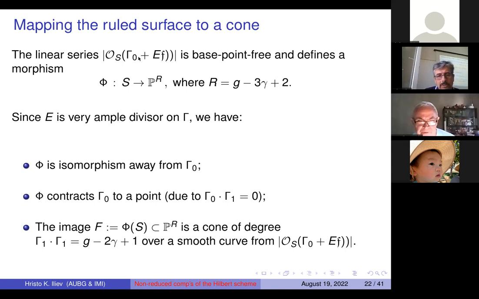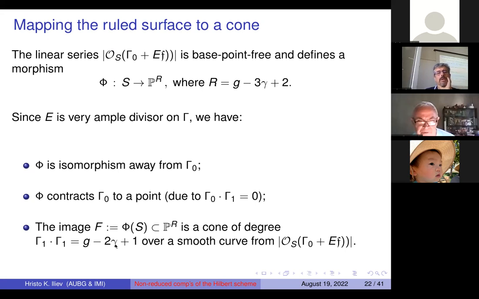And this linear series is base point free and defines a morphism from S to PR, projective space of dimension R, as it collapses the section of minimal self-intersection to a point, which is just the vertex of the cone.